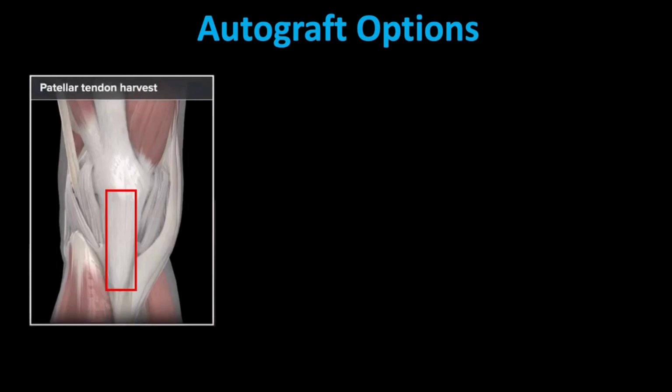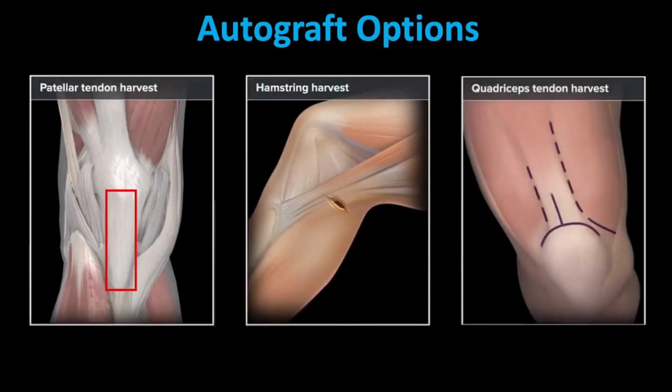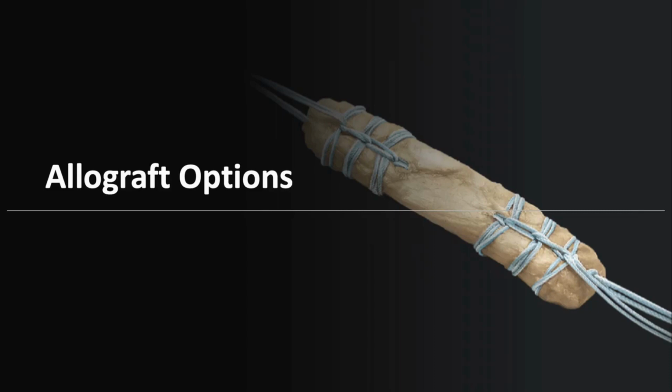And these options include the patellar tendon on the front of the knee, our hamstrings tendons, which live on the medial portion of our knee or inner portion, or the quadriceps tendon on the top of the knee. Sometimes the surgeon may decide that the use of a donor graft, which we refer to as allograft, is most appropriate for the patient. These donor grafts go through a treatment process before being utilized to ensure they maintain their strength and are safe to use in patients.